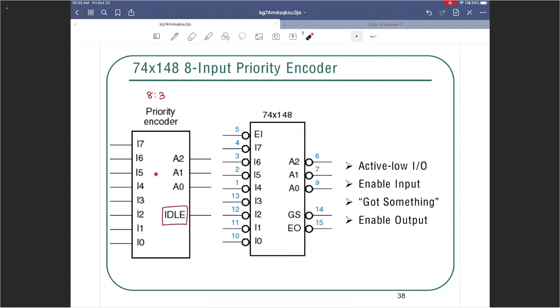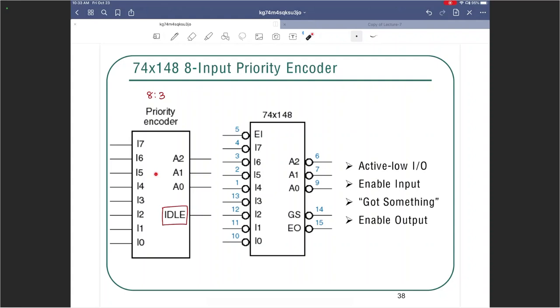So we would give priority to the most significant bit that is active and encode that, generate the output bits based off of that. The idle output over here is essentially used to figure out whether you have any active input or not.